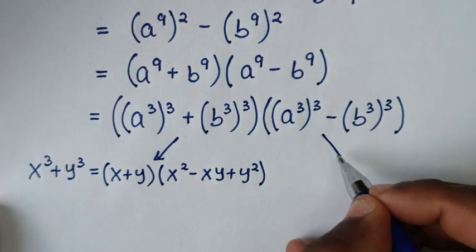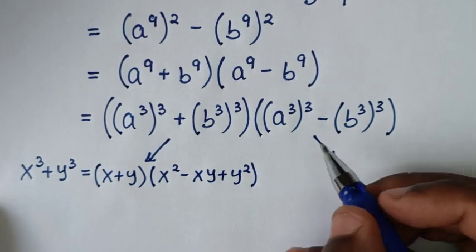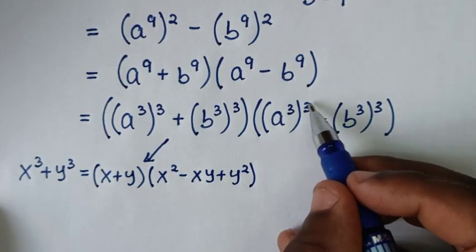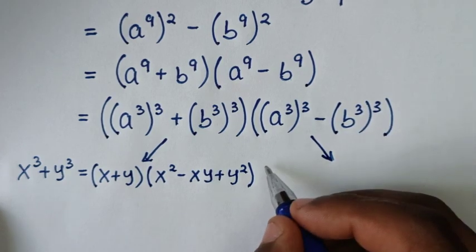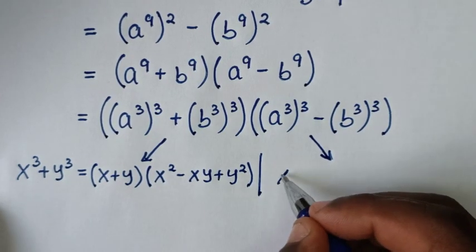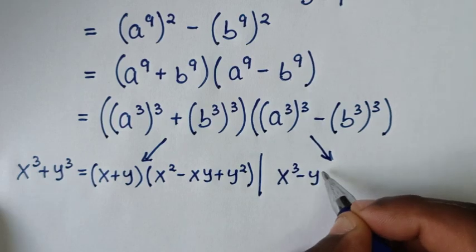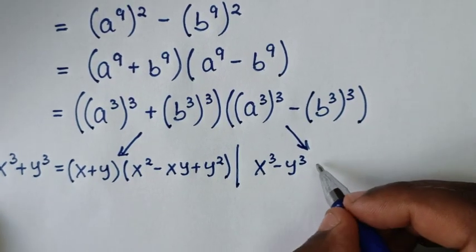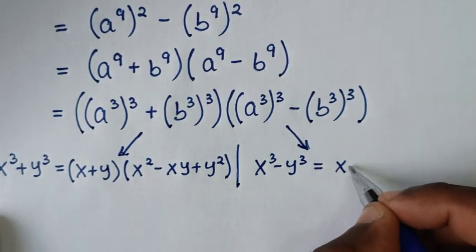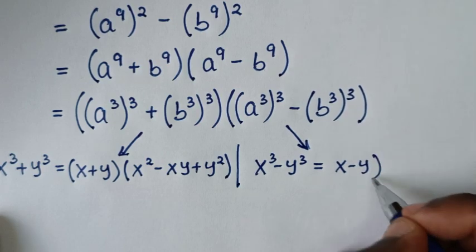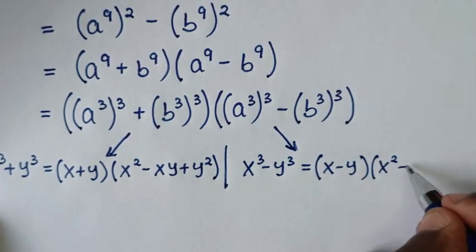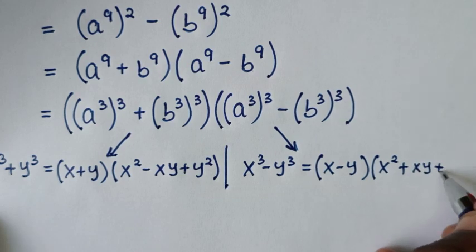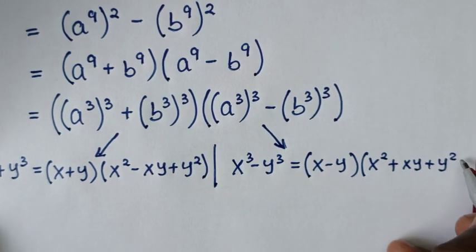And this part here is in the form of a perfect cube, whereas here it has power of 3 minus this power of 3. So it is x power of 3 minus y power of 3, which is equal to x minus y, then bracket times x square plus xy plus y square bracket.